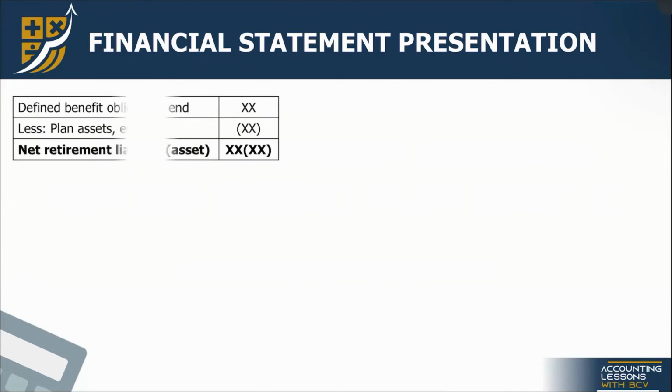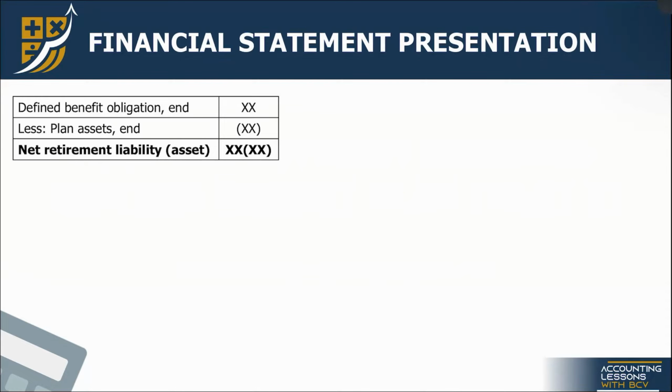Answer, no. We only present a single amount that is equal to the difference between your defined benefit obligation and plan assets. So the difference is called either net retirement liability or net retirement asset.